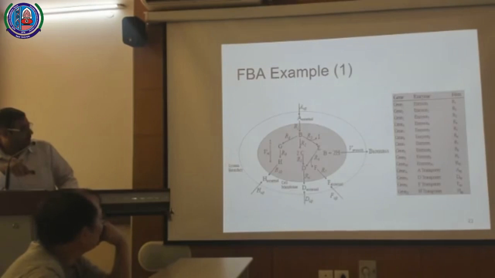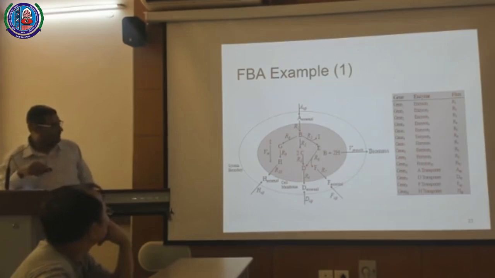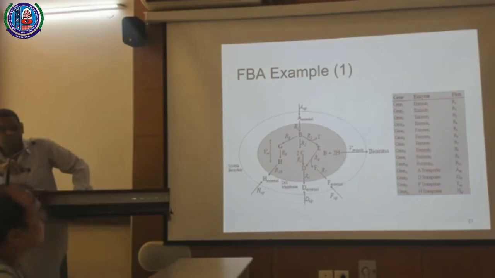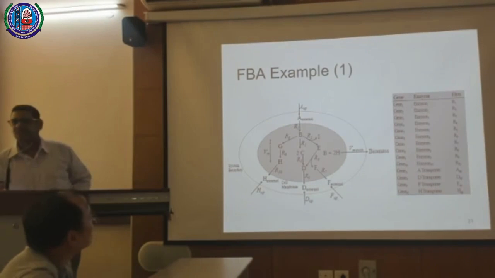If you go further, this is one example where you can see the external environment and this is the cell membrane. Now you find R1, R2 and the gene. Each gene is responsible for a different type of enzyme and the same type of flux. It's a very simple thing to explain. Most people believe in the one gene, one enzyme theory.